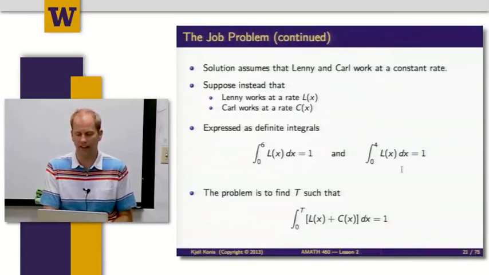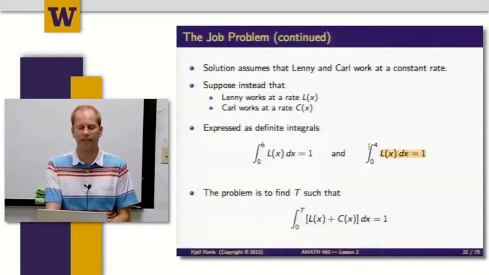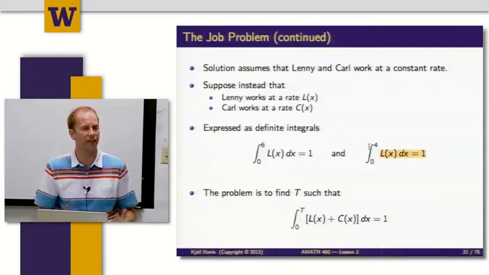So I have some constraints too. I'm bound by the constraint that Carl works at this rate, so the integral of that one over 0 to 4 has to be 1. And the integral of L of x over 0 to 6 also has to be 1.